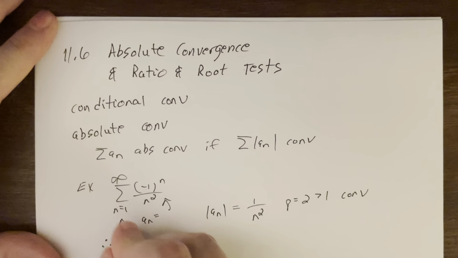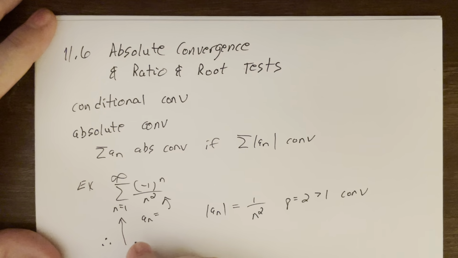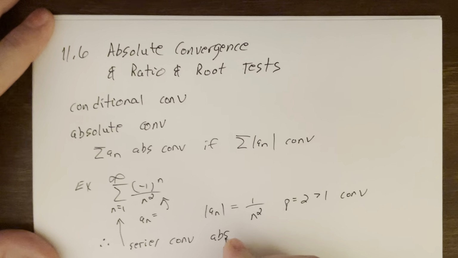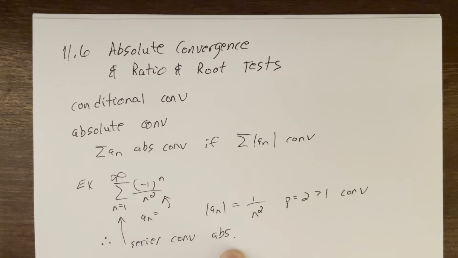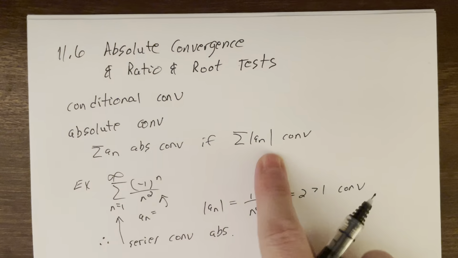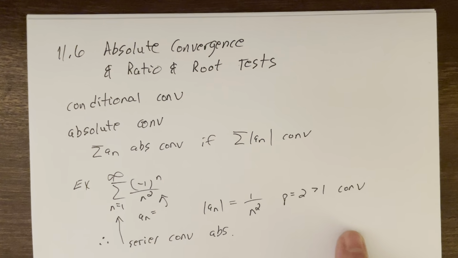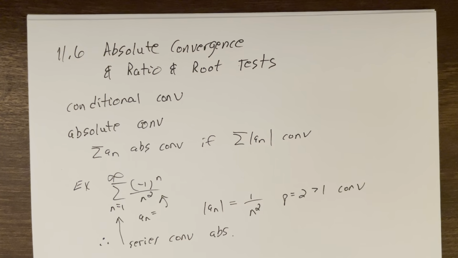Therefore, we can come back to the original and say this series converges absolutely. So that's how some people can make use of this new idea. But for our purposes, it's only useful if we see exactly what I just showed you.